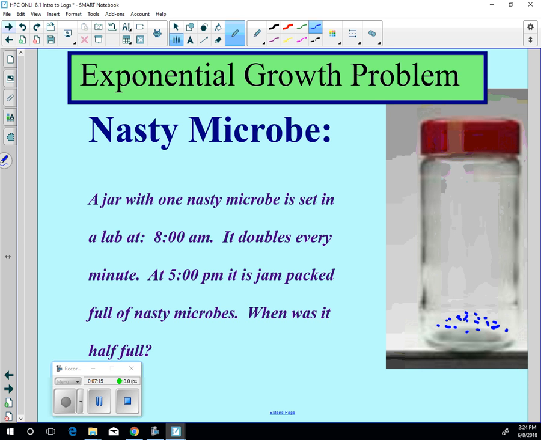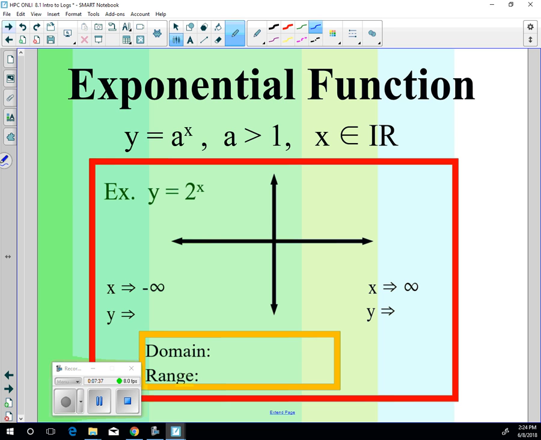Well, at 5 o'clock, it's completely jam full of microbes. Totally jam full at 5 o'clock. What time was it half full? Well, this is 9 hours from 8 till 5. See if you can figure out what time it was half full.